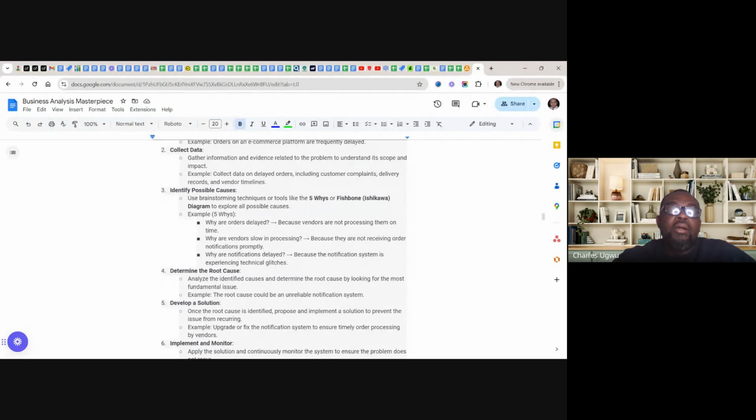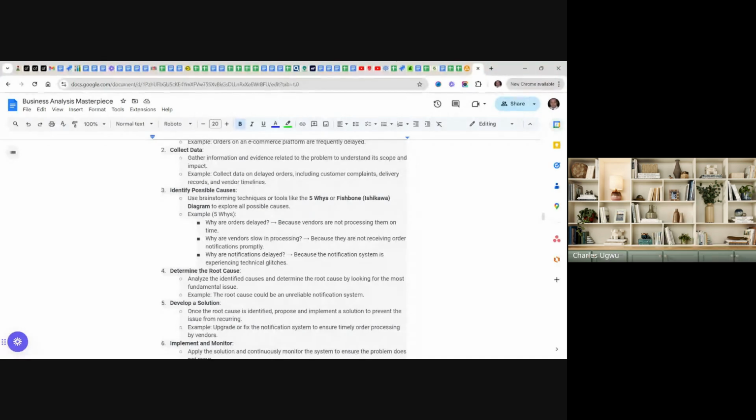Number 4, determine the root cause. Analyze the identified causes and determine the root cause by looking for the most fundamental issue. Example, the root cause could be an unreliable notification system.